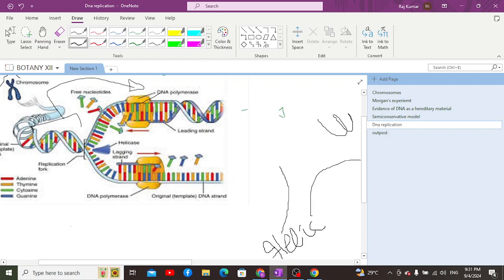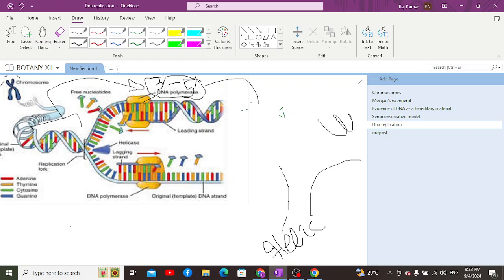That tension is created due to supercoiling, because from one end the DNA is being broken and from the other end the DNA is being tightly curled up, due to which supercoiling occurs and thus tension is produced within DNA.